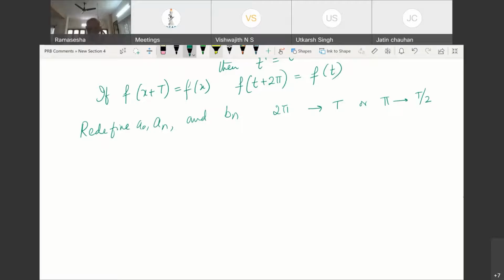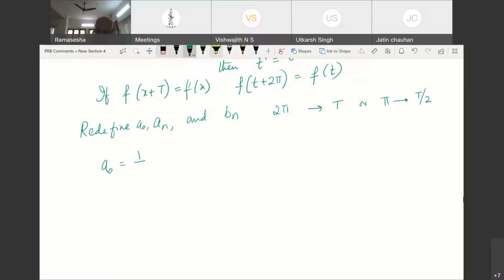Okay, so what we had was a0 equal to 1 upon π integral 0 to 2π f of x dx, right?